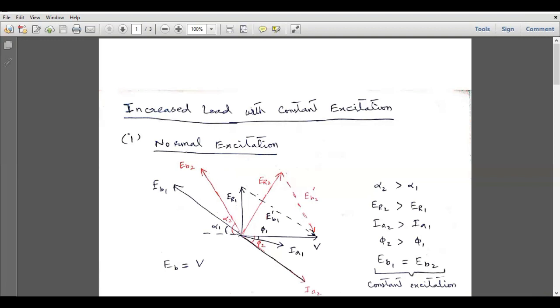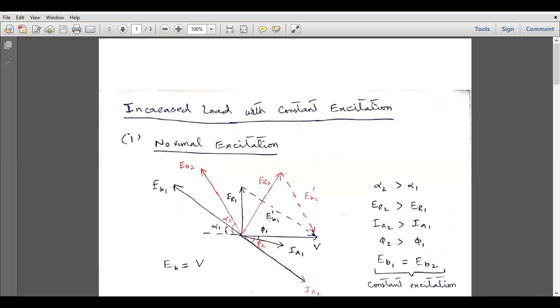So the back EMF vector will adjust itself in this direction with the same magnitude, or the same length of the vector. In order to determine the reactance voltage from this back EMF, we have to place this back EMF vector over here, so that the head of this back EMF vector lies on the head of the applied voltage vector, and this back EMF vector should be rotated, or shifted by 180 degrees.